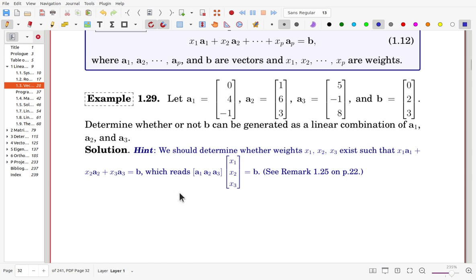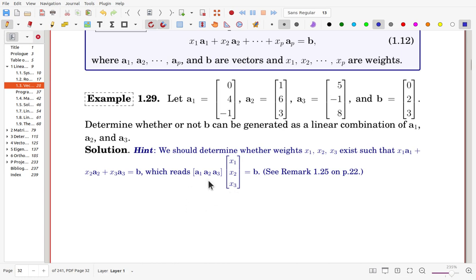That means that here we should determine whether weights x1, x2, x3 exist such that the linear combination of these three vectors becomes the right side B. That equation can be written in this form. Earlier in Remark 1.25, we saw one example that a linear combination of vectors can be written as matrix-vector multiplication.